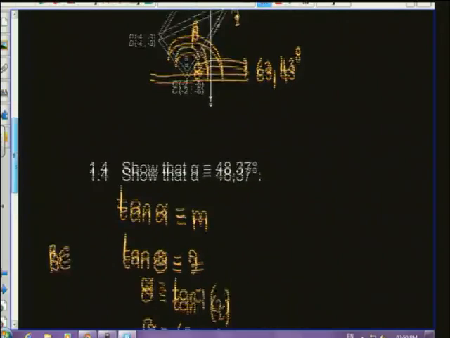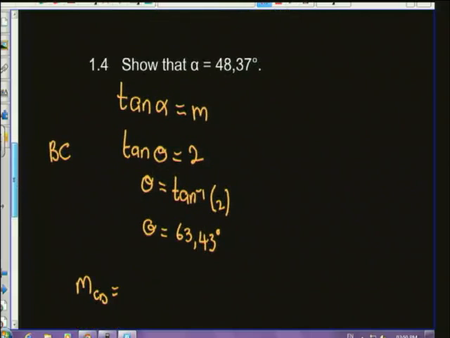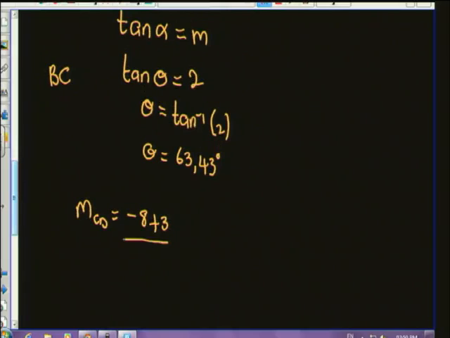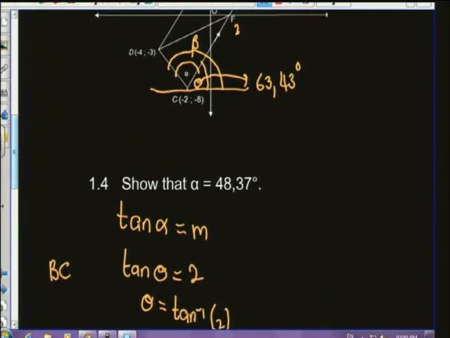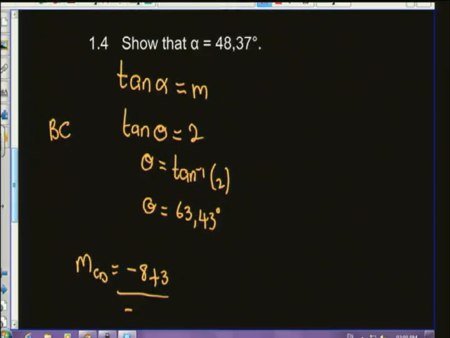So let's go -8 minus -3, I'll make it a +3 because minus negative is a plus, over the change in the x values: -2 minus -4, so it's -2 plus 4.